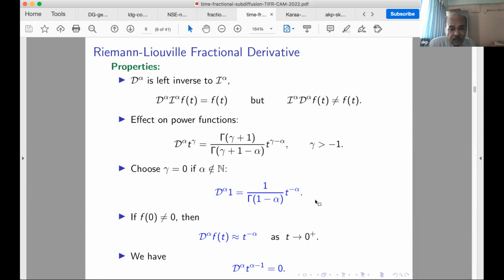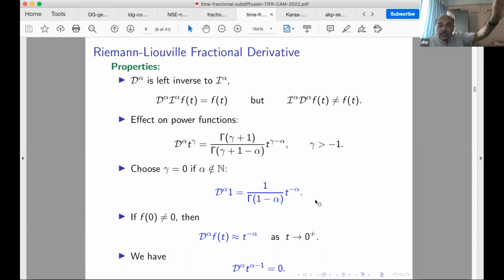Well, it is a surprise, but that comes from the behavior of these integrals. When f of 0 is not equal to 0, the fractional order derivative will behave like t to the power minus alpha as t tends to 0.